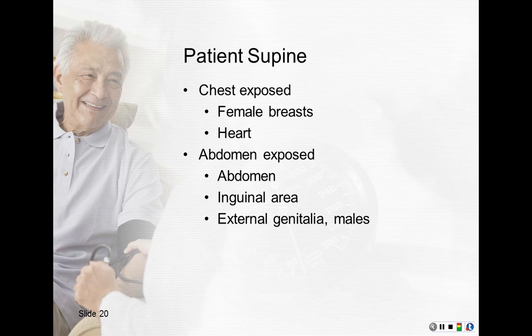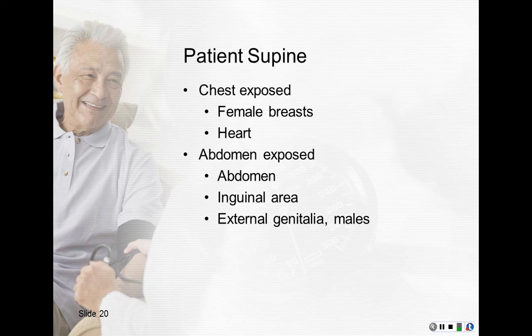With the patient supine, the chest is exposed, and this is where you finish up with the breast exam. I do a lot of education, show the technique for the patient, and check out any lumps that she has noticed, or in the case of a male, I would do the same. Listen to the heart, looking at the abdomen, and looking for any pulsations in the abdomen.